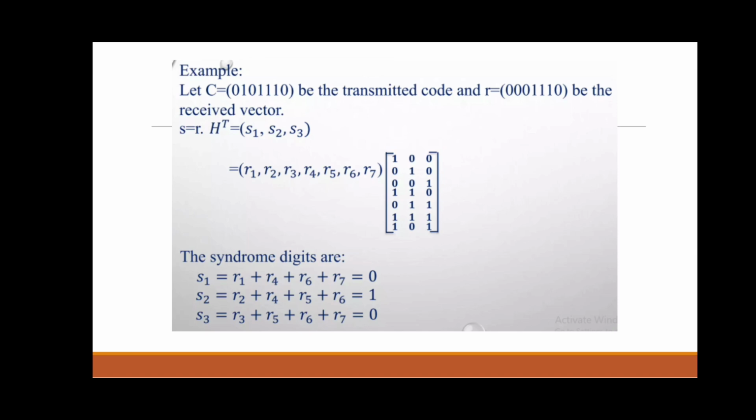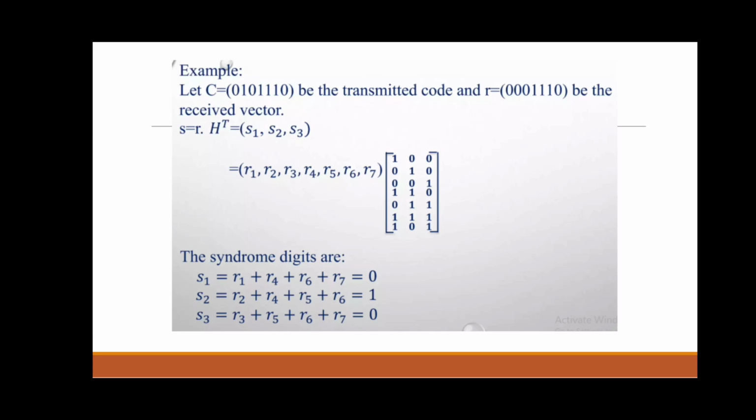We just have to match which row corresponds to this 010. As we can see, the second row of the H transpose matrix, that is 010, is the same as the syndrome that has come. So the row of H transpose that is 010 is the second row.